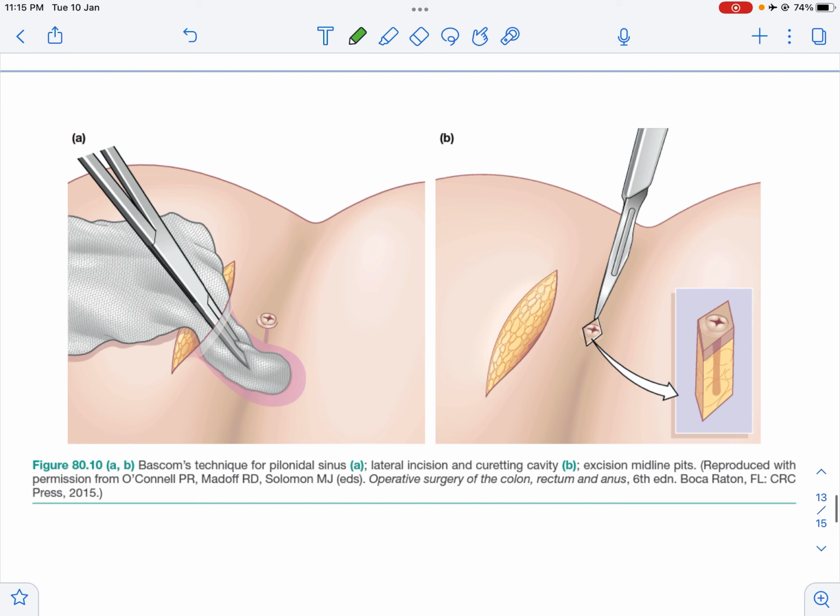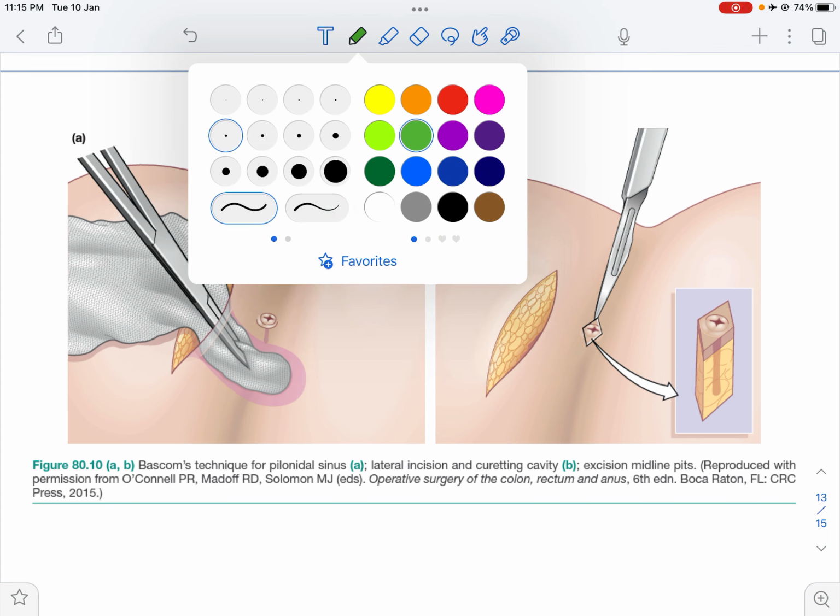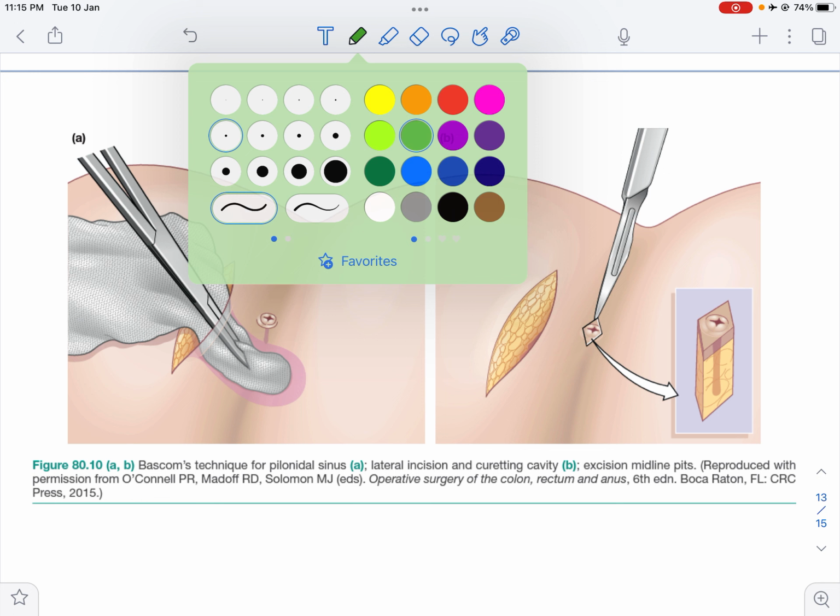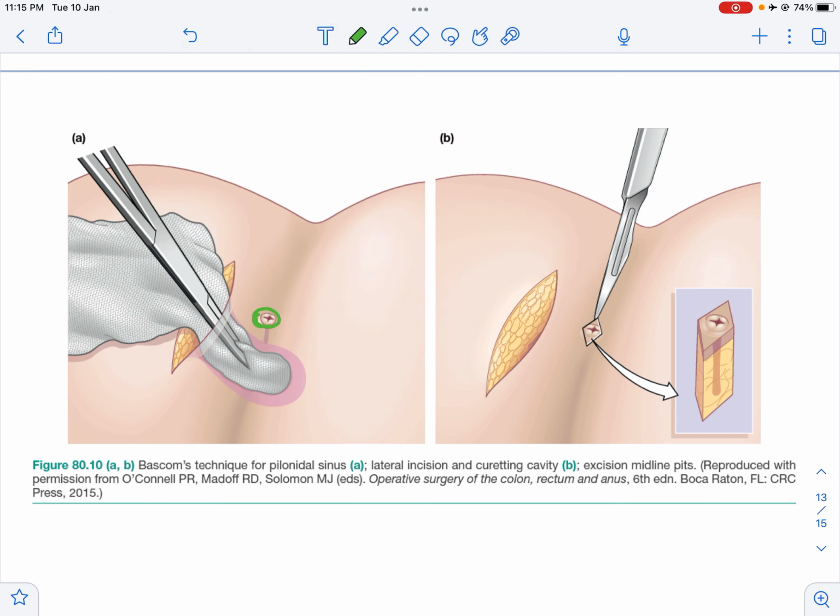Now, let us look at this diagram, taken from the latest edition of Bailey and Love. This is the opening of the sinus. You make an incision laterally, and after that you can gain access to the sinus cavity.